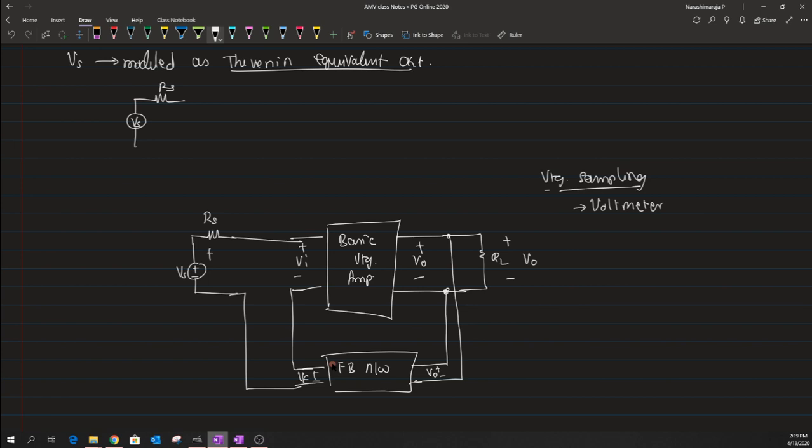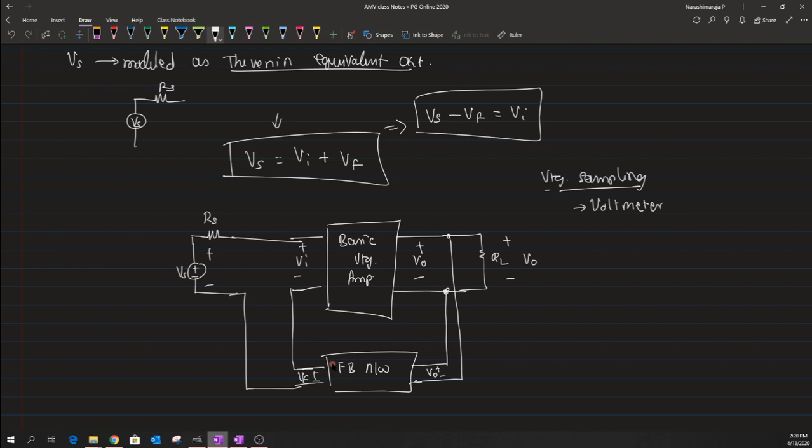What is happening here is that the source voltage Vs is a summation of Vi plus Vf, which is the type of equation we were discussing at the beginning. So we want to mix them such that the difference Vs minus Vf defines this Vi. I hope I'm not confusing. In this case, we are mixing this voltage with this type of connection as a series connection.